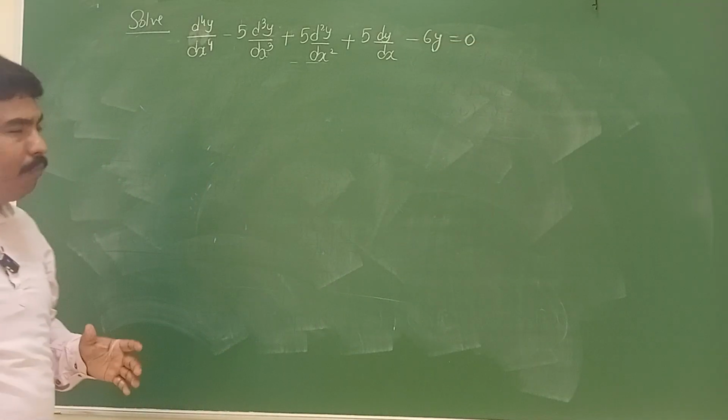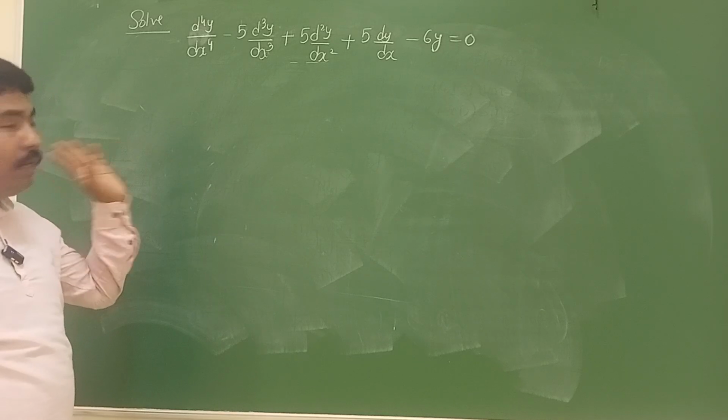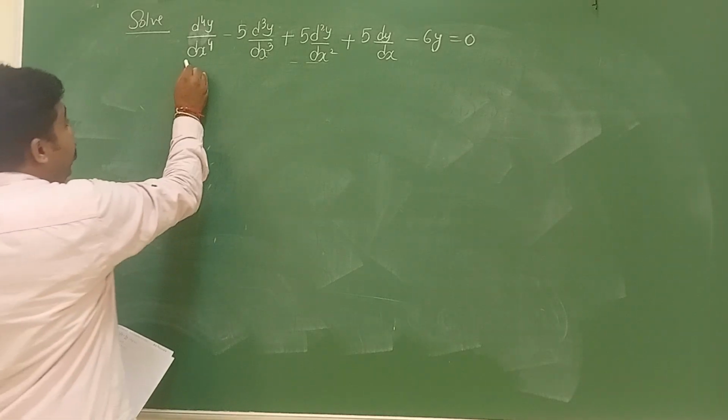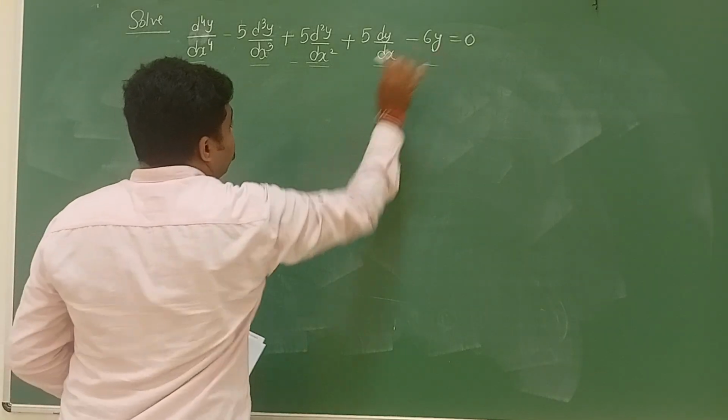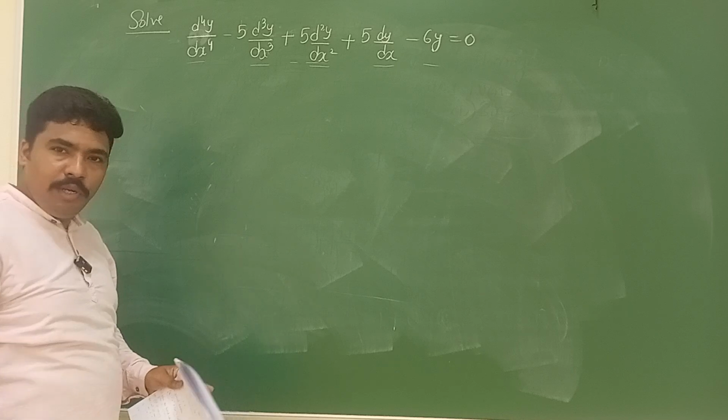When you look at the problem, it is very lengthy and looks complicated, but it is very simple. Every term has y or an x derivative. No term is free from y. So clearly it is a homogeneous differential equation.